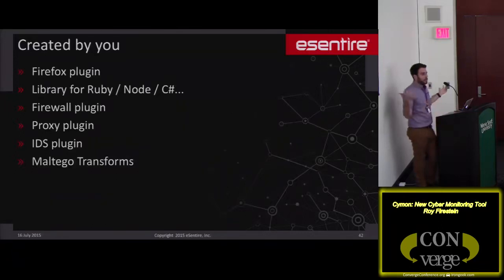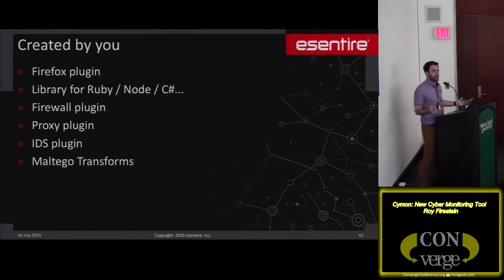As I mentioned, Cymon is still in preview mode, so there are a lot of other pieces missing. And if anyone wants to contribute, that would be amazing. Here are just some ideas of what you can do with the APIs. A Firefox plugin would be amazing. We have a Python library we wrote for Cymon that makes it easier to interact with the APIs.